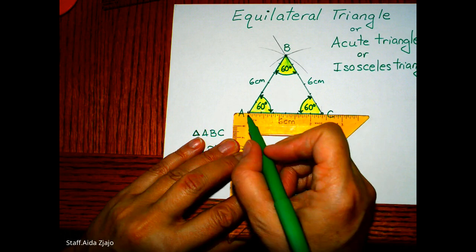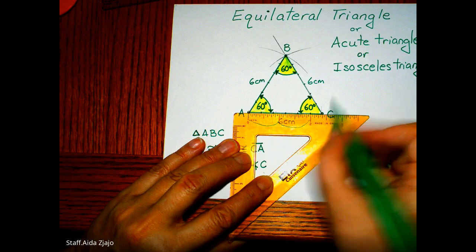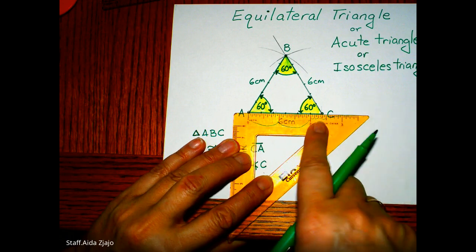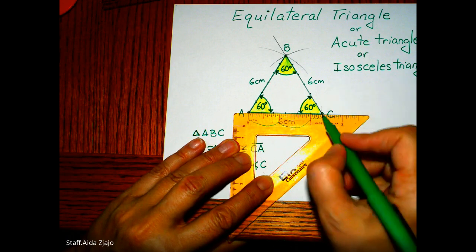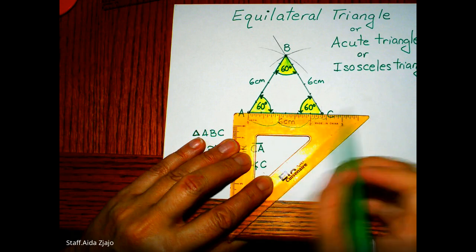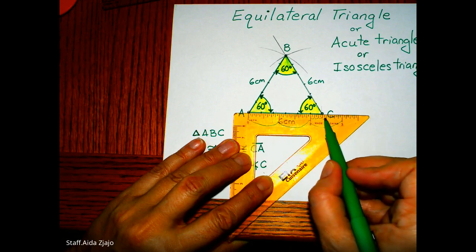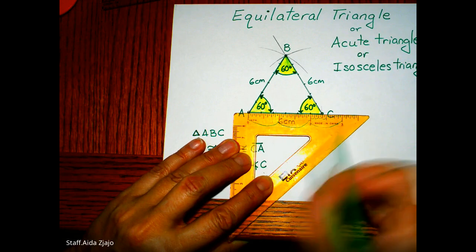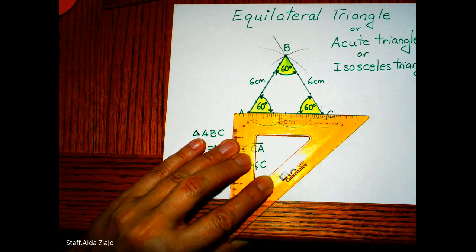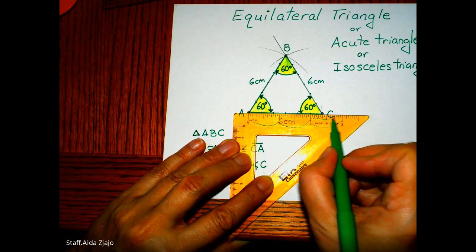If I start from point A, there is 1 inch, 2 inches, and I have 1, 2, 3 out of 4, 5, 6, 7, 8 equivalent spaces until I reach point C. So 6 centimeters is about 2 whole inches, and 3 out of 8 equivalent spaces then makes the next inch.